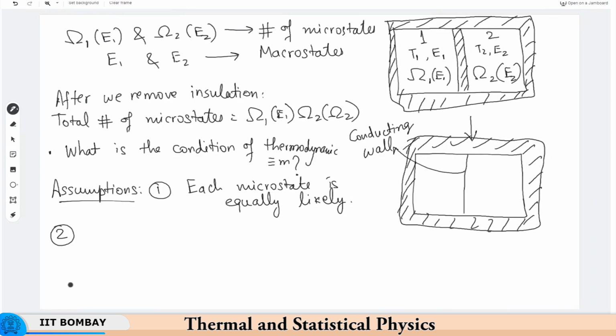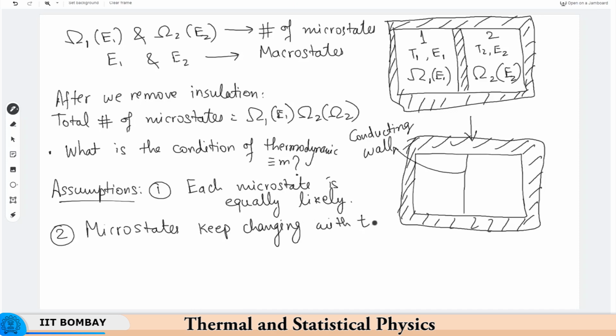The second assumption is that, remember we are dealing with a thermodynamic system, right, and it is evolving as a function of time, right. So, we are assuming that microstates keep changing with time.